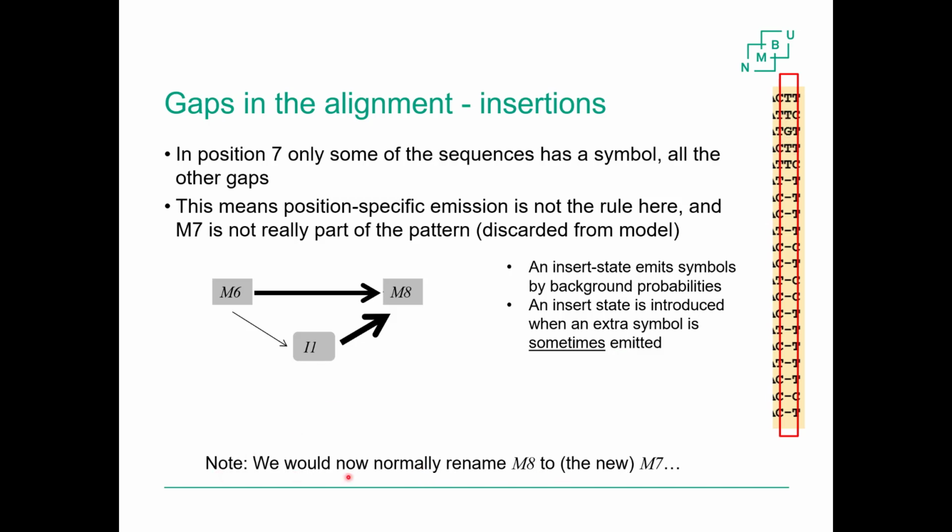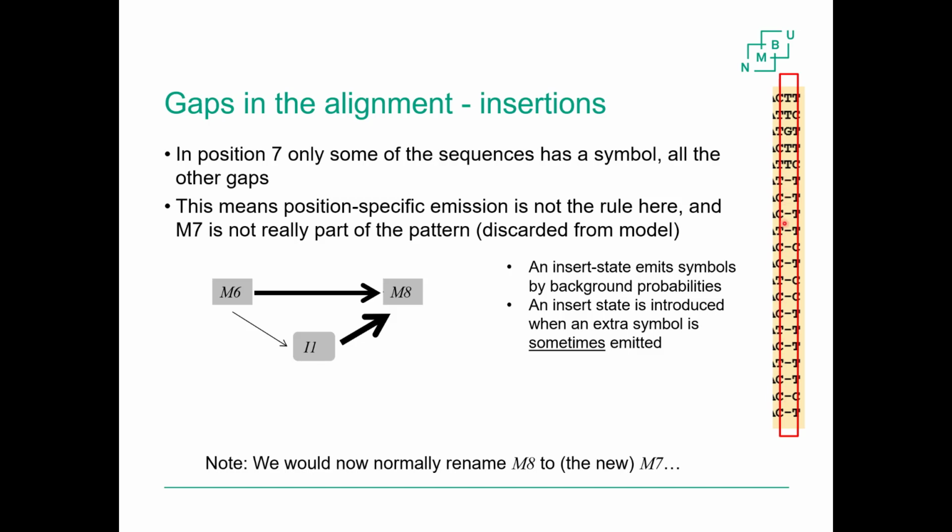And now we would typically, as I wrote down here, instead of calling this M8, since we sort of took away M7, we would just now rename this and call it M7, right? Because we want to have one match state for each position in the sort of typical pattern. So the typical pattern is not 8 positions long, it's 7. Right? Most of these sequences have 7 symbols, not 8.